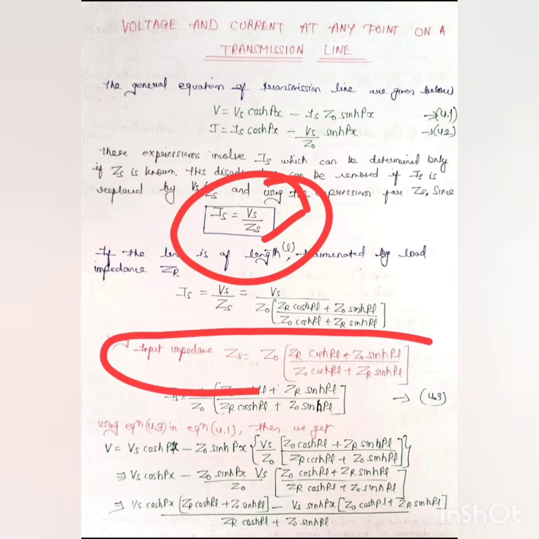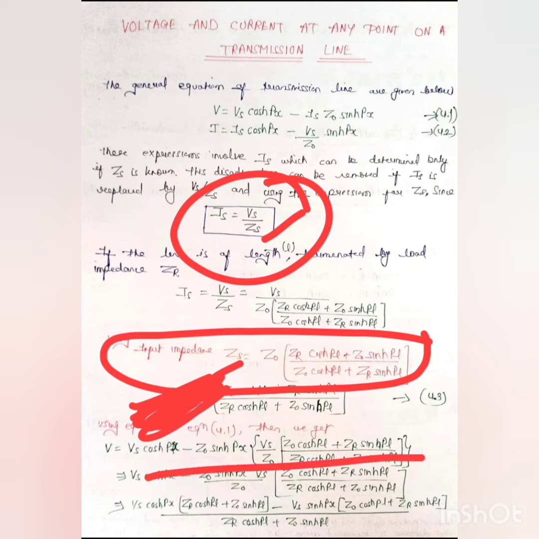The value of input impedance Zs is Z0 times (Zr cosh(PL) plus Z0 sinh(PL)) upon (Z0 cosh(PL) plus Zr sinh(PL)). This is the standard input impedance of a transmission line of length L.